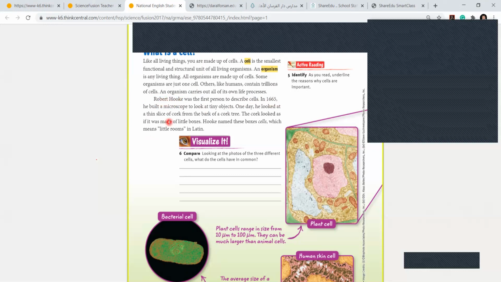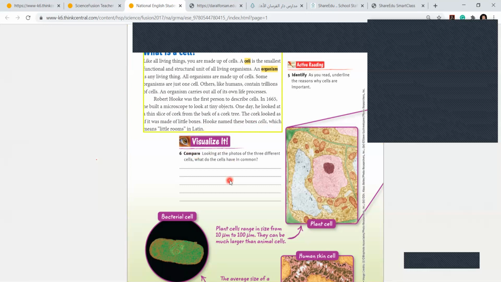Mostly in the entrance exam, or if you're writing your benchmark science test, they will ask you, who is the first person who discovered the cell? So what are you going to remember? Robert Hooke. One day he looked at a thin slice of cork from the bark of a cork tree. He took a bark from a tree and he was staring at it. The cork looked as if it was made of little boxes.